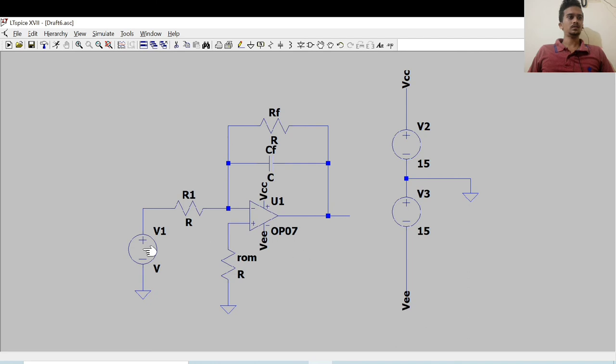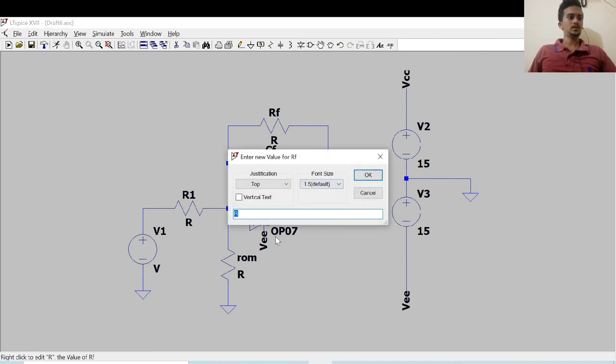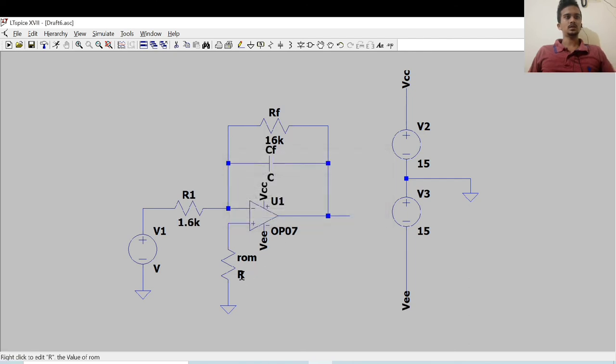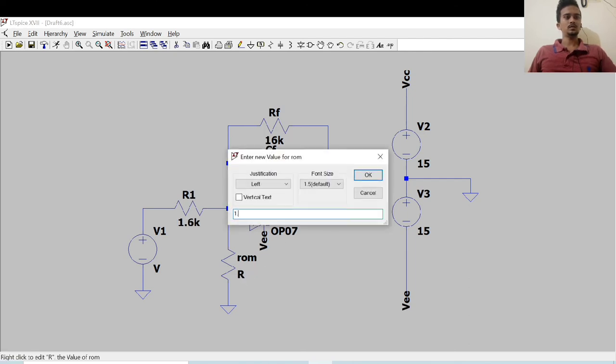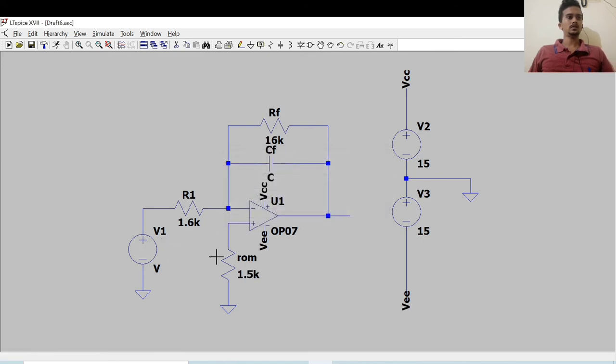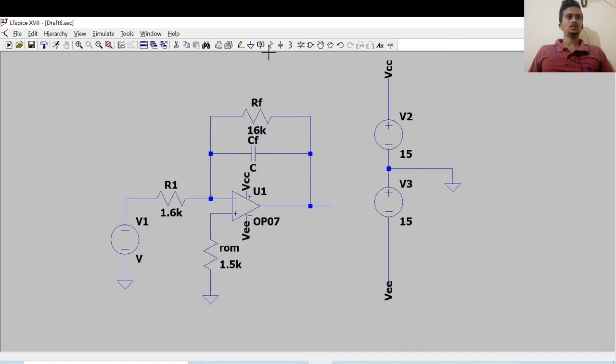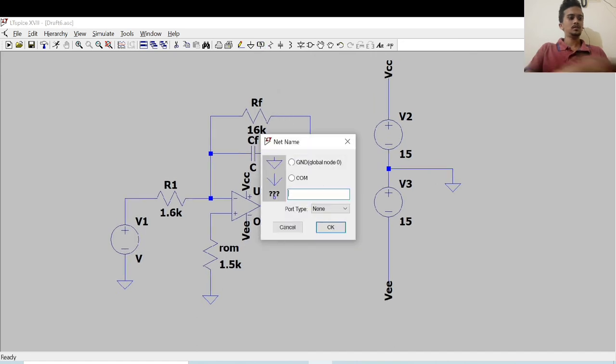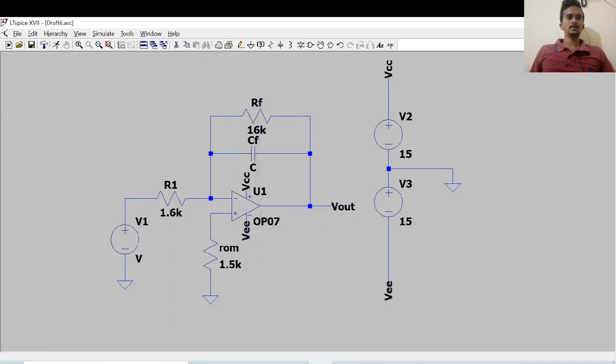Now we'll place the resistor values. RF is my 16 kilo ohm, R1 is my 1.6 kilo ohm, and ROM is 1.5 kilo ohm. Okay, so we'll give an output label. This is my output.